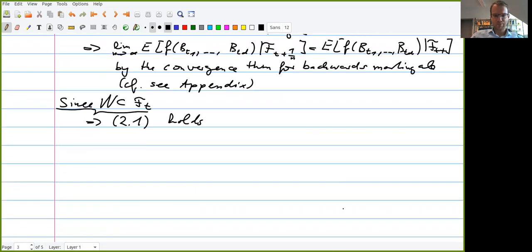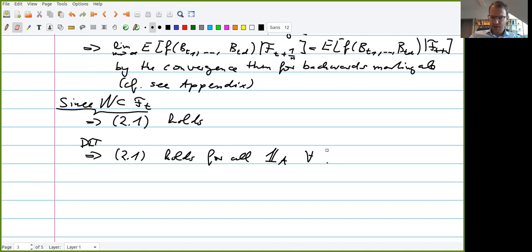Okay. And now I can use the dominated convergence theorem to say that 2.1 holds for all indicator functions with the set A, for all A in the filtration generated by B_{t1} up to B_{td}.